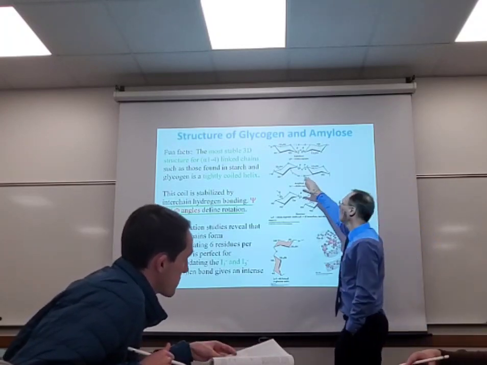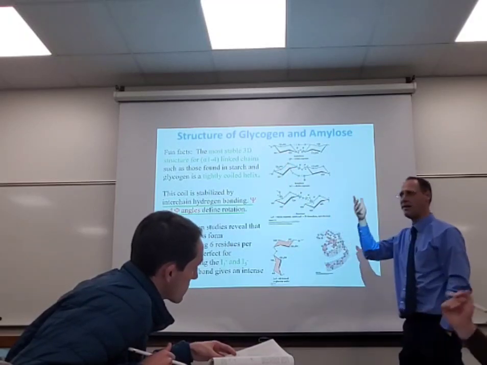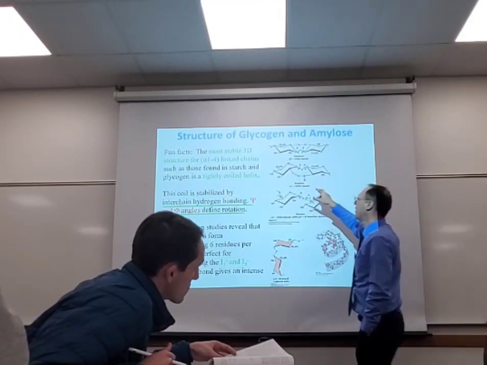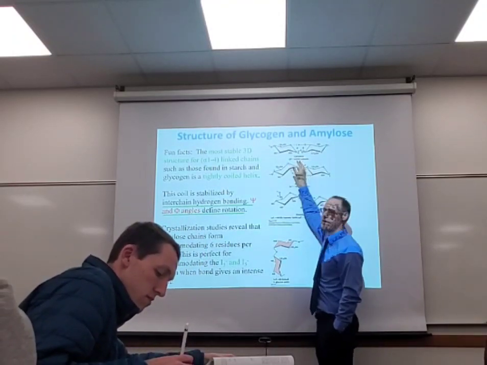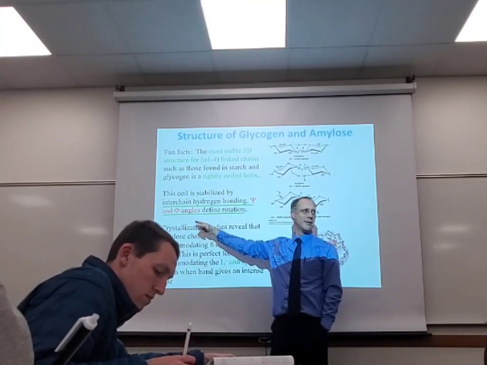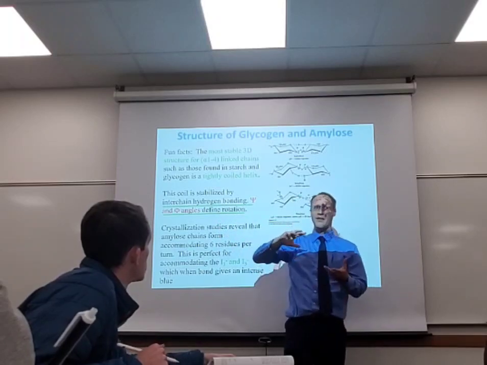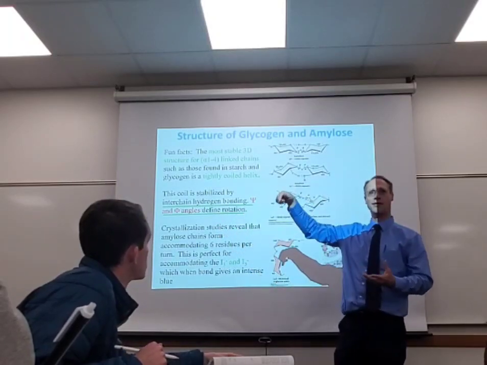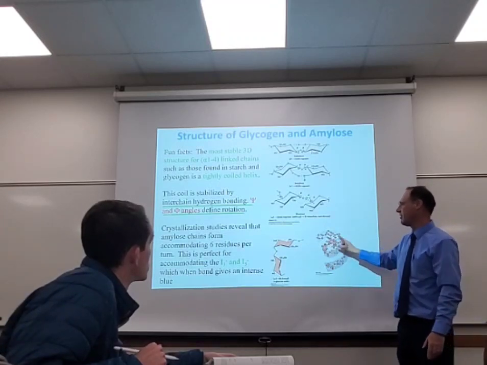It turns out that this part right here in the cyclic form is moving and rotating around this glycosidic linkage. What do you notice about the glycosidic linkages? It's similar to proteins. Similar to proteins, it's got phi and psi angles. And if I keep rotating around in a circle like an alpha helix, that's typically how we store starches.